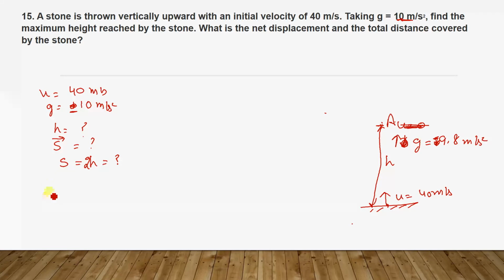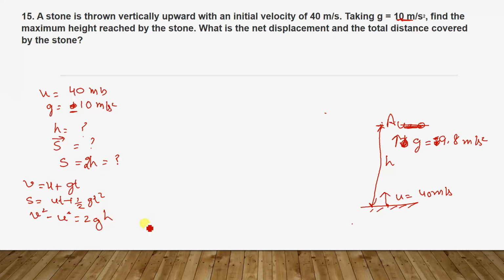First of all, how to solve it? Let's see. Dear, we have the formula v equals u plus gt. We have s equal to ut plus half gt square, and we have v square minus u square is equal to 2gs.